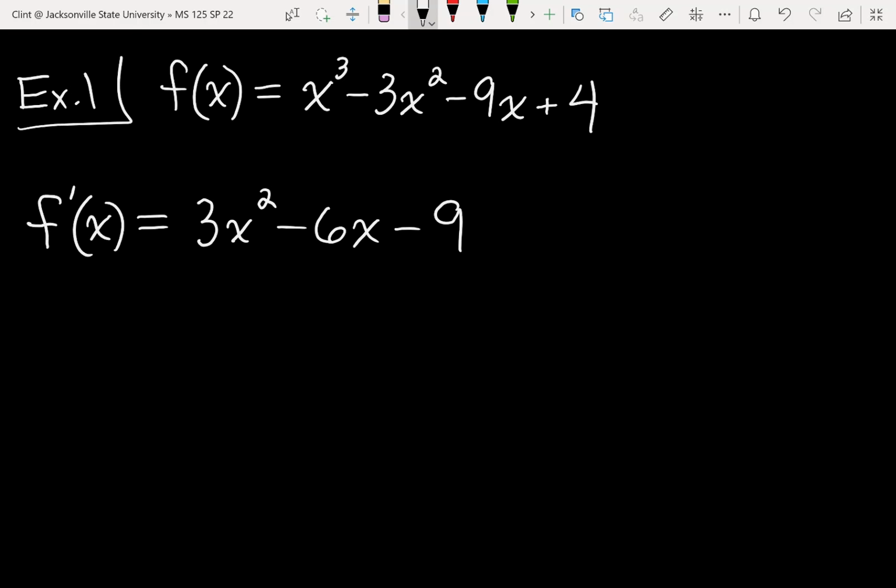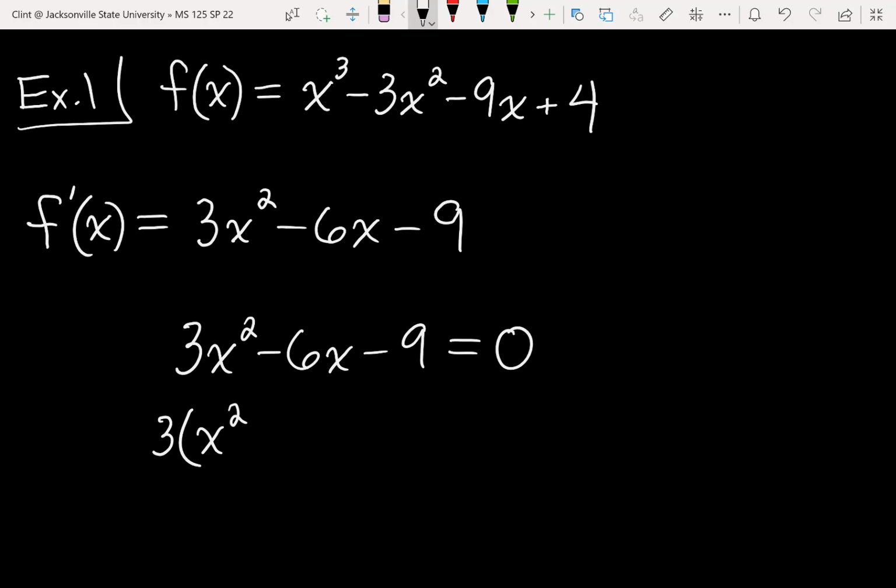What can we do? Yeah, we can try to factor. If you really don't like that, you can use quadratic formula. There's really nothing wrong with that either. But here we take it and set it equal to 0 and solve. And so if we're going the factoring route, one thing we can do, we can factor out a common factor of 3.